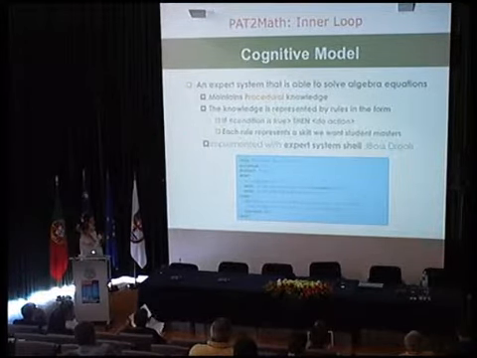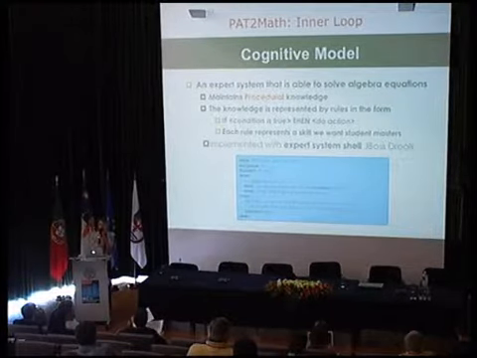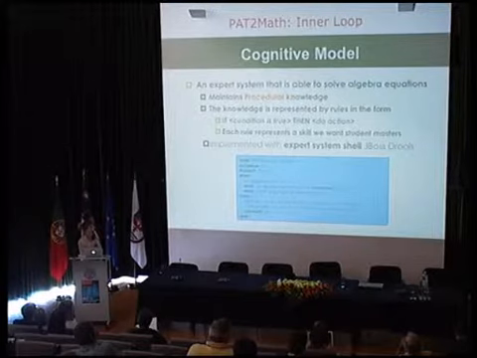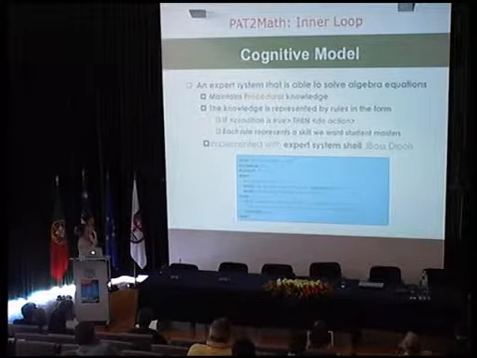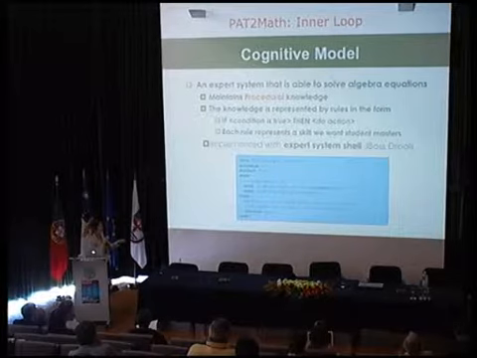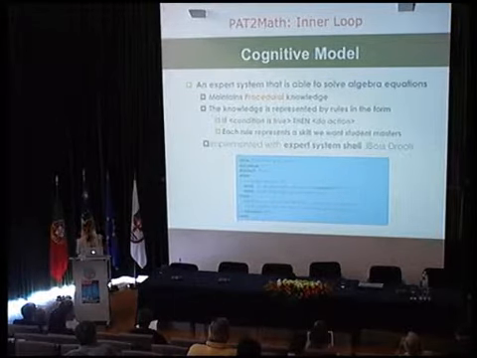In fact, each rule represents a skill we want students to master. And this expert system was implemented with the shell JBoss Rules. Here we can see an example of a rule in this expert system.